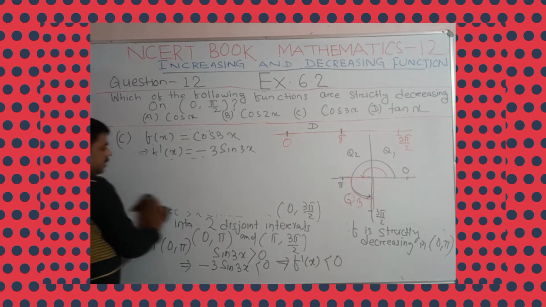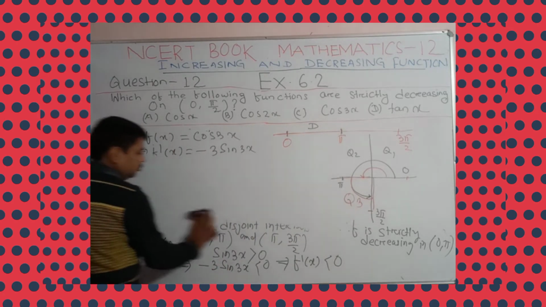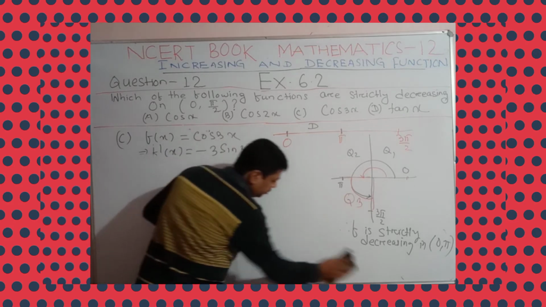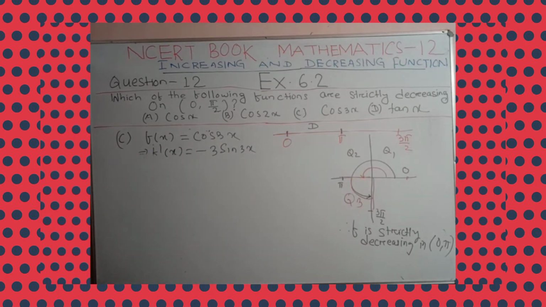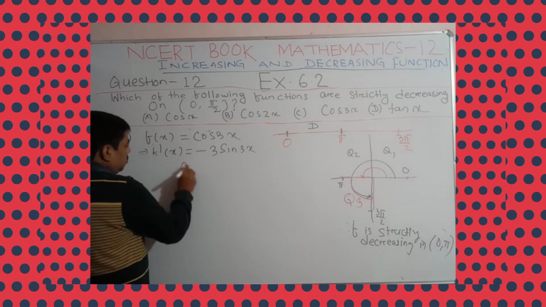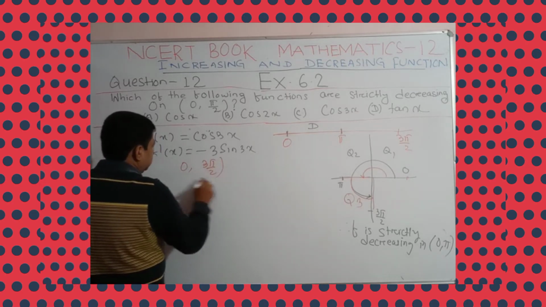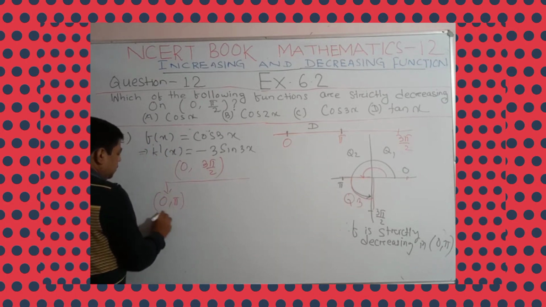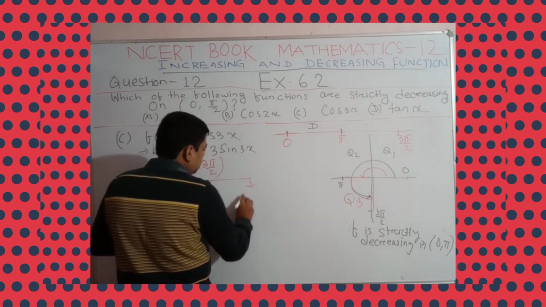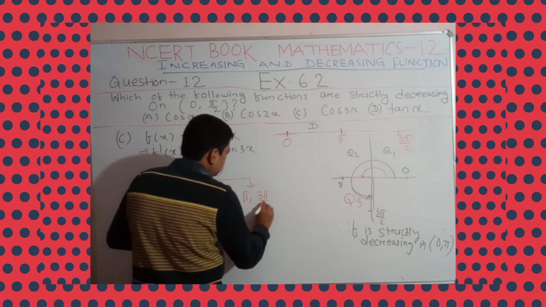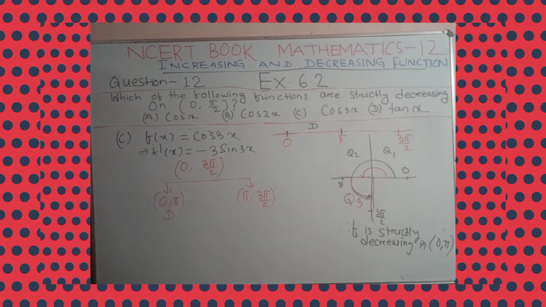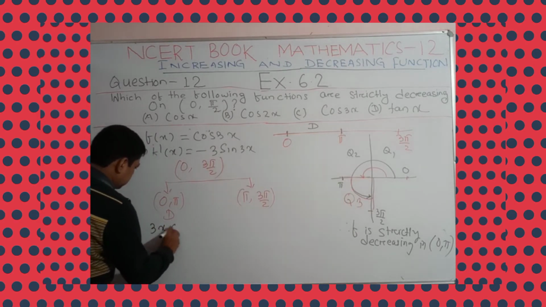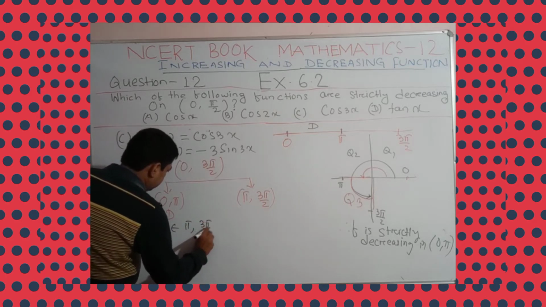Now let us see the other interval, the second interval, pi to 3 pi by 2. Here 0 to 3 pi by 2 is divided into two parts. One is 0 to pi, where the function is strictly decreasing. And in the next interval, pi to 3 pi by 2, the angle lies between pi and 3 pi by 2. It means 3x belongs to pi to 3 pi by 2.